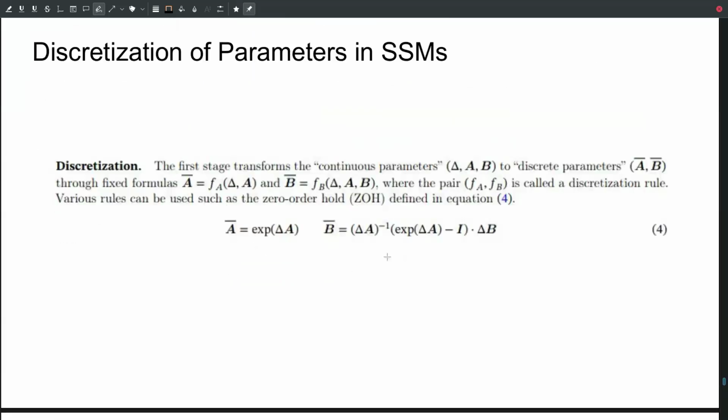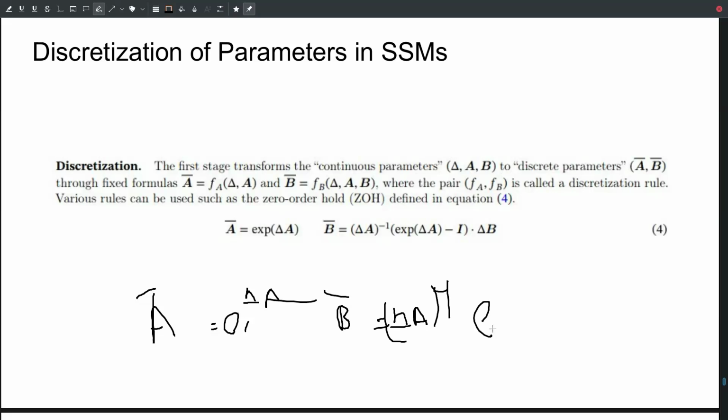So discretization is the same as what we saw before. A bar is discretized into e to the power of delta A, and B bar is discretized using delta A inverse. Give me a minute.